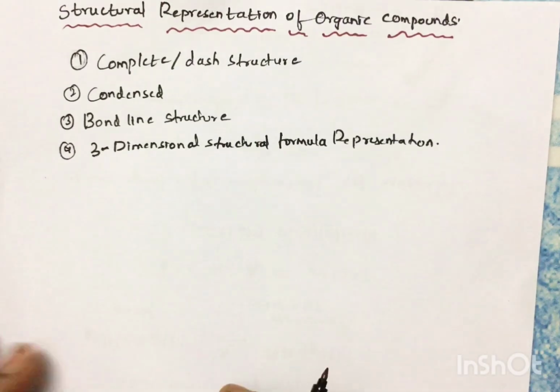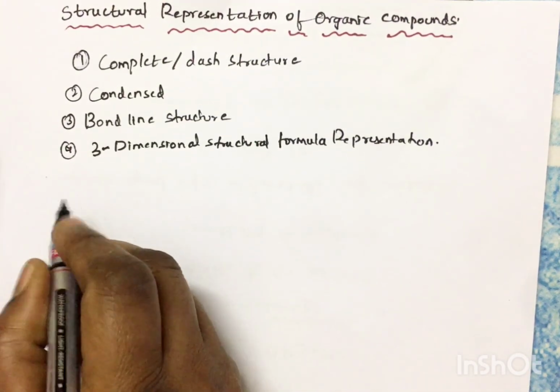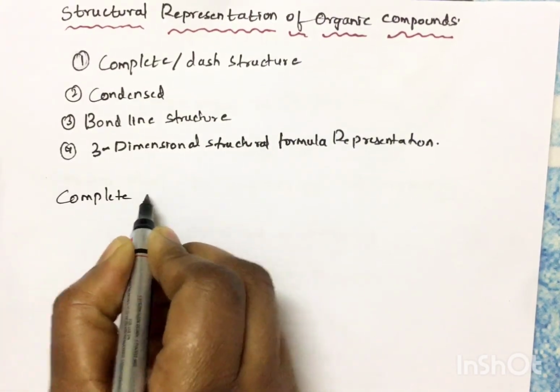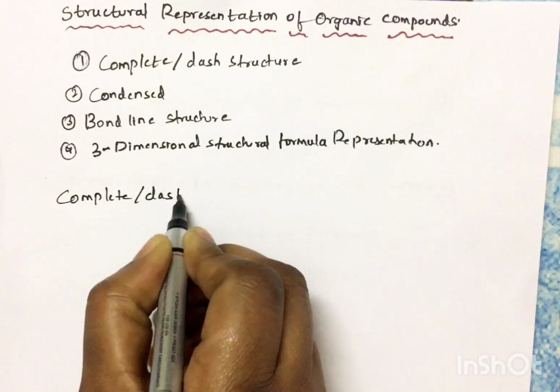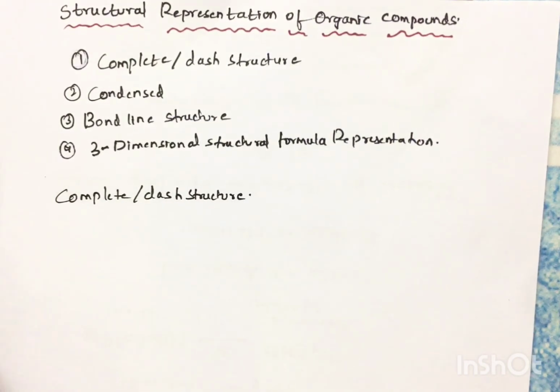Okay. So the first one is complete or dash structure way of representation.